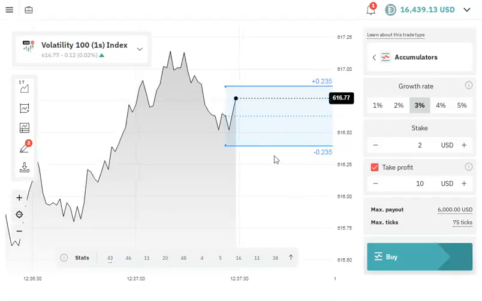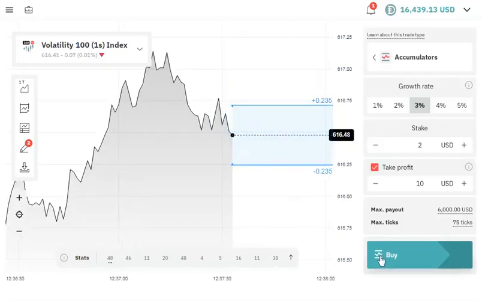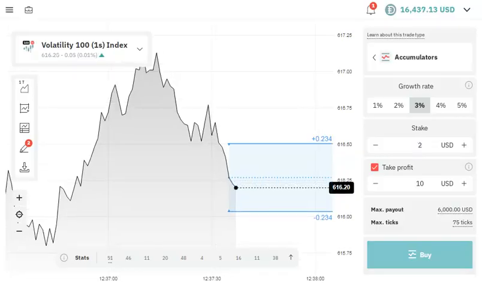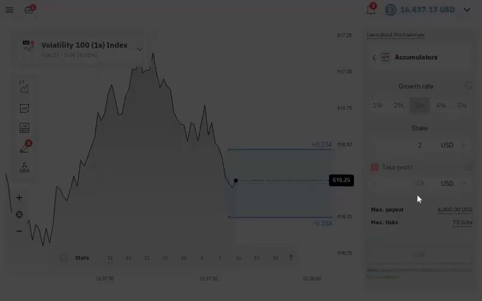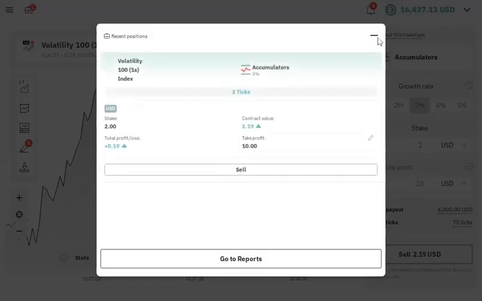For an example, I'll open up a trade here, buy, and my stake is $2 and my take profit is $10.